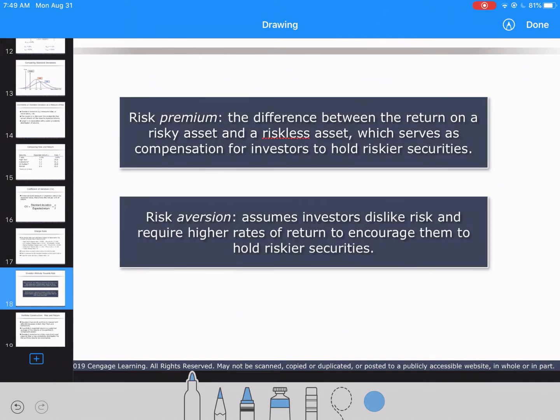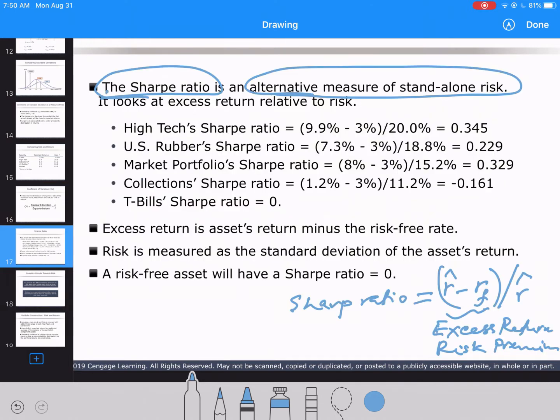So we say risk premium is the difference between the return on a risky asset and a riskless asset, and you have to pay the investors to take that risk. And risk aversion is not included in here. There is no risk aversion in this Sharpe ratio.